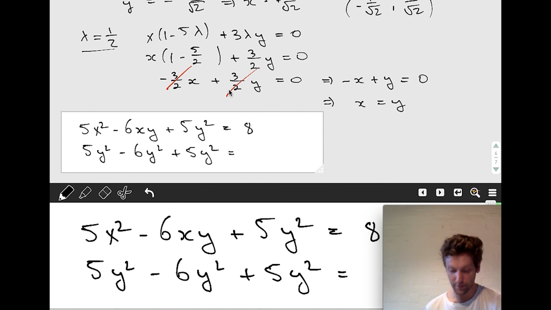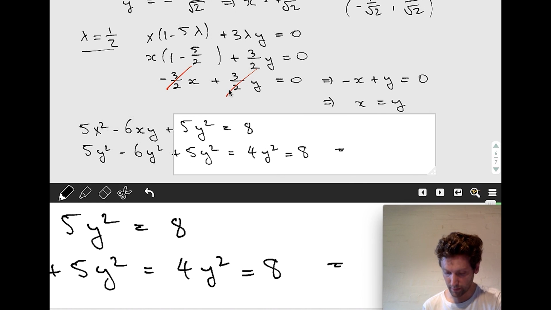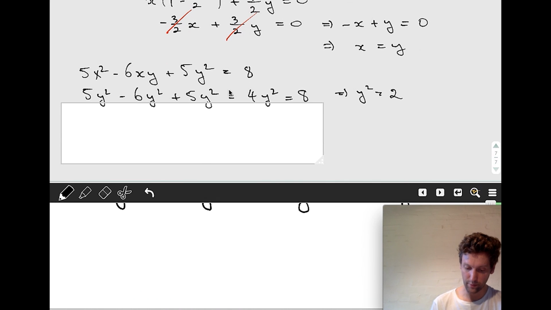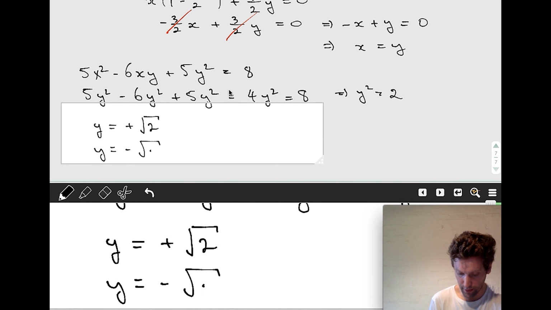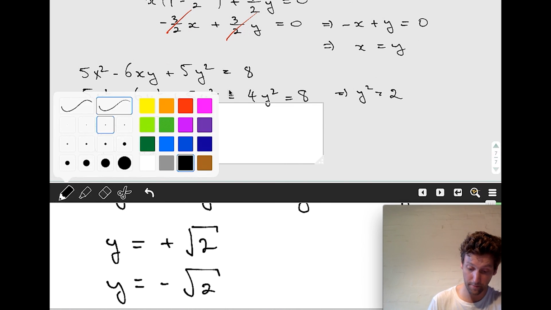So that's going to be 5 minus 6 plus 5, that's 10 minus 6 is equal to 4y squared, and that's equal to 8. So you see that that's going to give me y squared is equal to 2, which gives me two different possibilities. y is equal to plus the square root of 2, or y is equal to minus the square root of 2. And again, we've just seen that x is equal to y in this case.